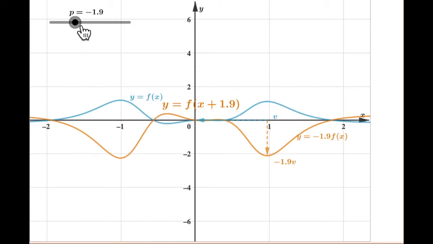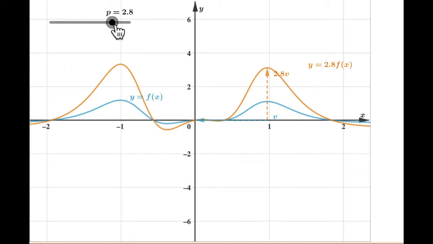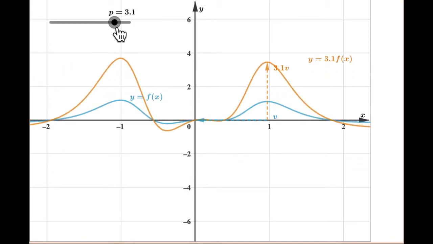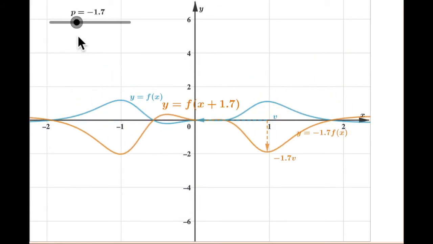So this is when we're talking about the vertical stretch. This is when the p-value is, as we can see in the orange text here, 3.1 multiplied by f of x. So when it's outside the function, when it's multiplied to the whole function, then it's vertical, and it just multiplies by the scale factor.